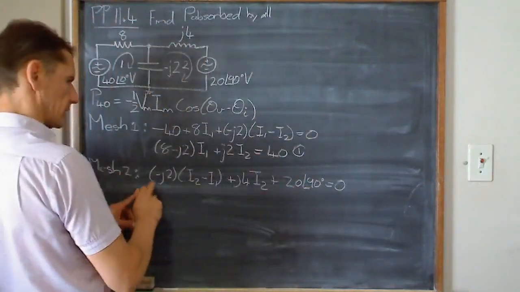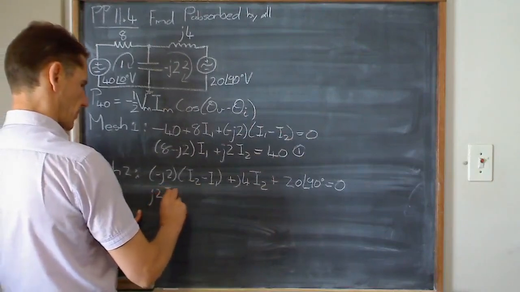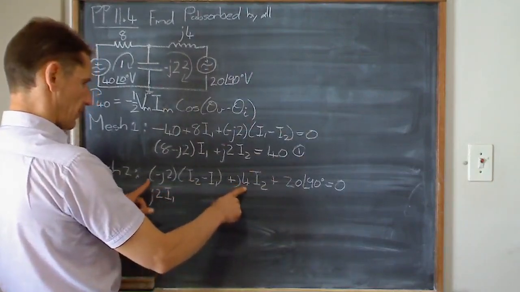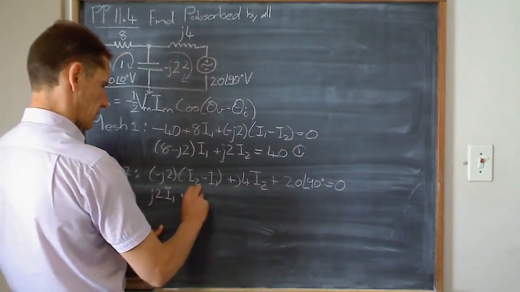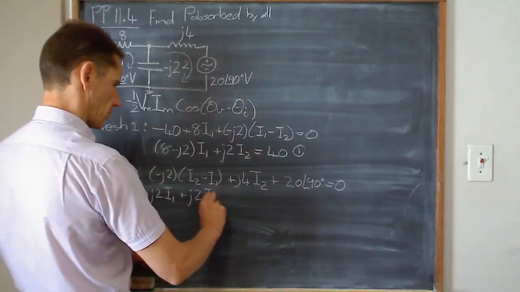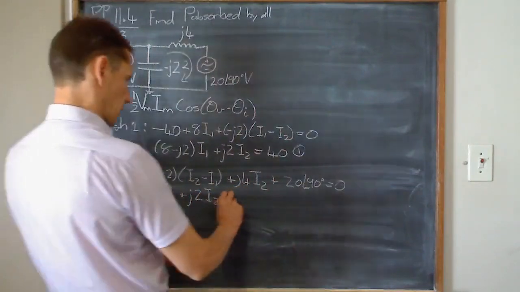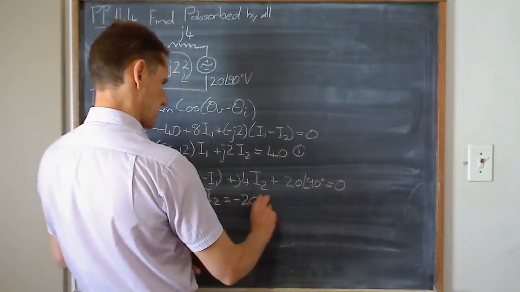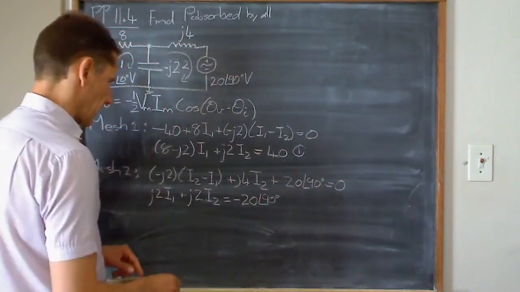Right, I1s, only this one, J2, I1. I2s, I've got a J4 there, minus a J2 over there, so it's going to be plus J2, I2, really, J4 minus J2. Okay, and then equals minus 20 angle 90 degrees if we take that over.